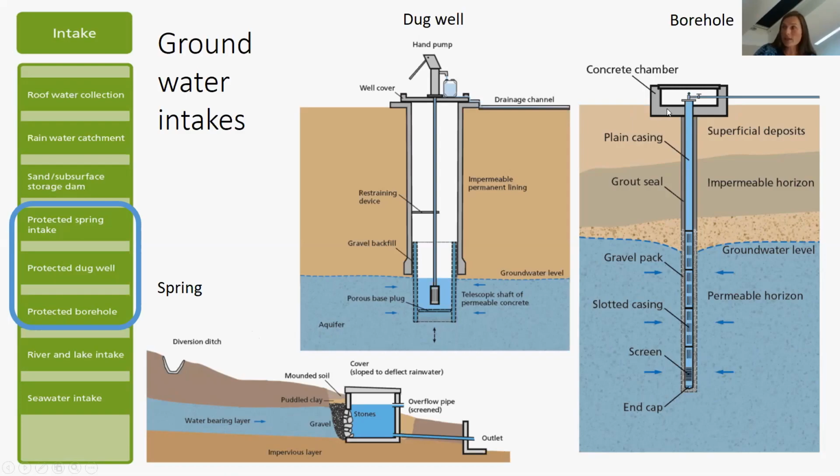There should also be a casing of the well, either, if it's a dug well, to protect it from collapsing, or if it's a borehole, to give structure to the borehole. It also protects the well from infiltration of contaminants from the surface levels.